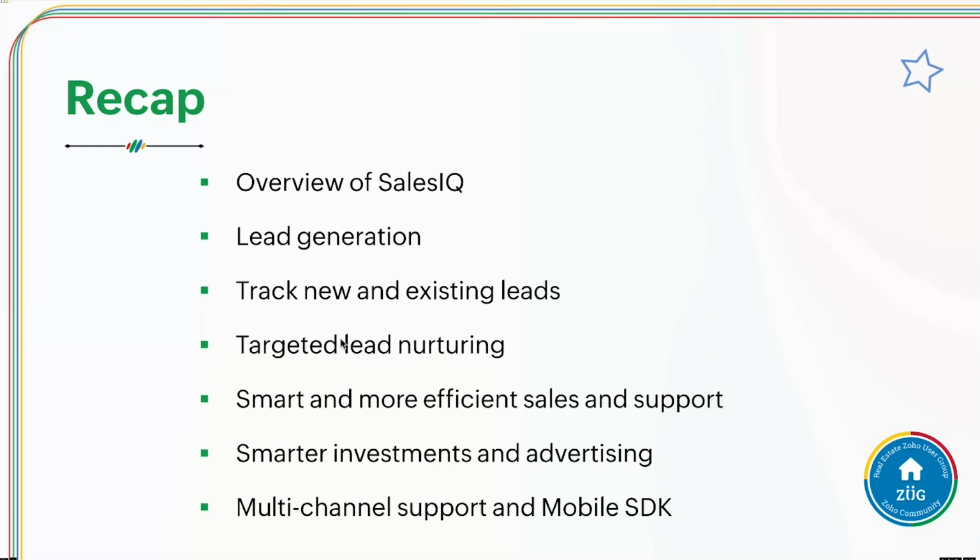Using the CRM scoring rules as well as SalesIQ's lead score, you can combine those and get the best of it. And obviously, you can see which page your customers are on. For example, if you have sales as a separate department, renting as a separate department, renovation as a separate department, or you just have support, right?